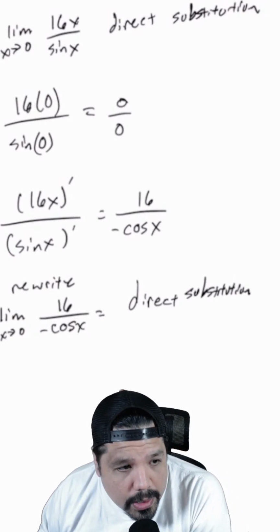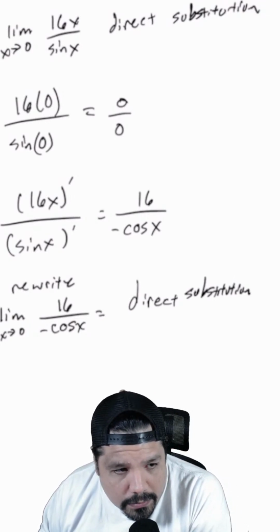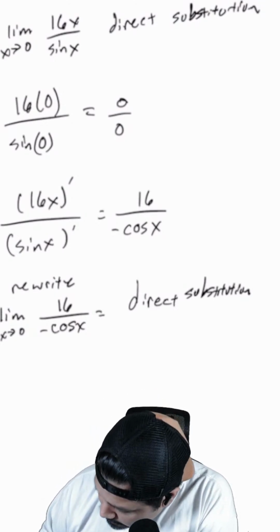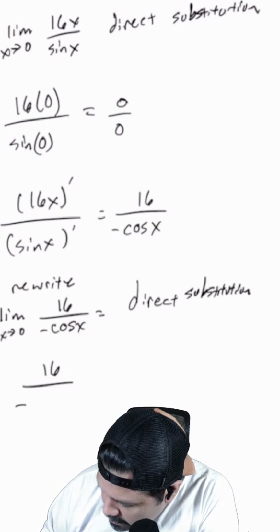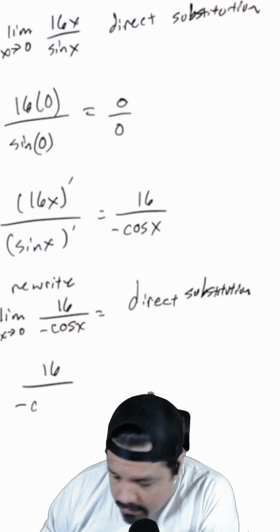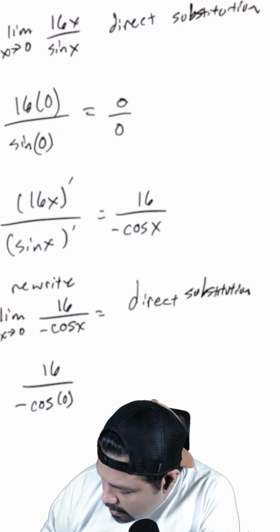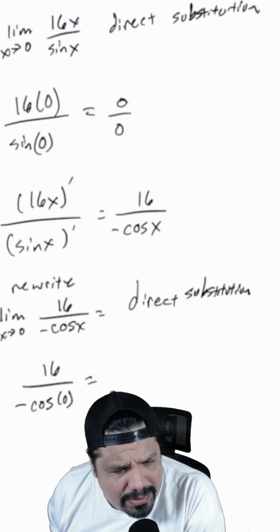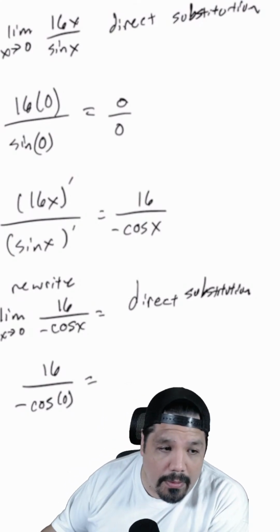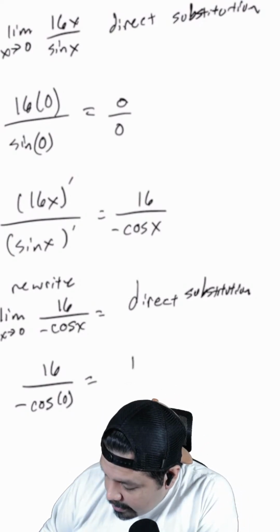That means we're going to put in a 0 for any time we see x. This becomes 16 over negative cosine of 0. Well, what's the cosine of 0? We said that before. It's 1.